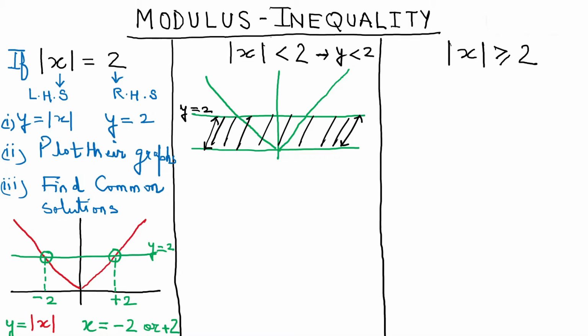I hope you understand why I am using an arrow. The arrow means that the point next to it is not included.